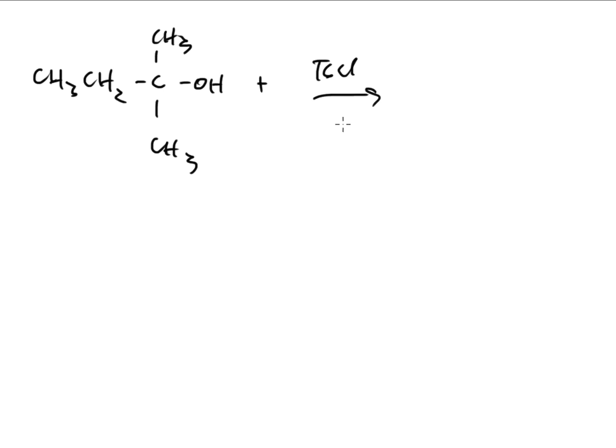And here we go. Let's take CH3, CH2, carbon, and then CH3, CH3, and OH. And let's react this with tosyl chloride, TsCl, and pyridine. What? Wait a minute. That sounds familiar, doesn't it?